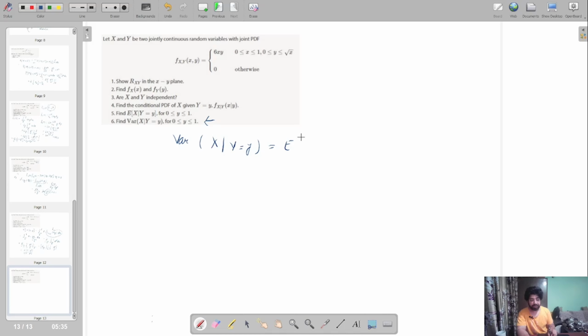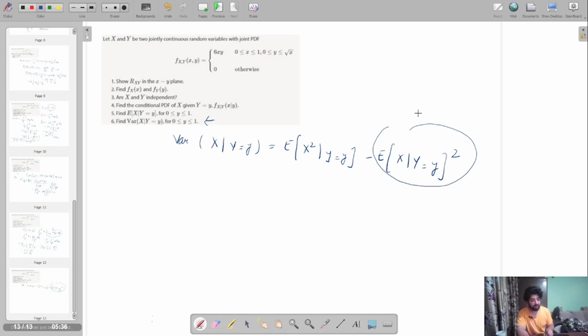We have already calculated the second term when we calculated our expectation, so what is left is this one.